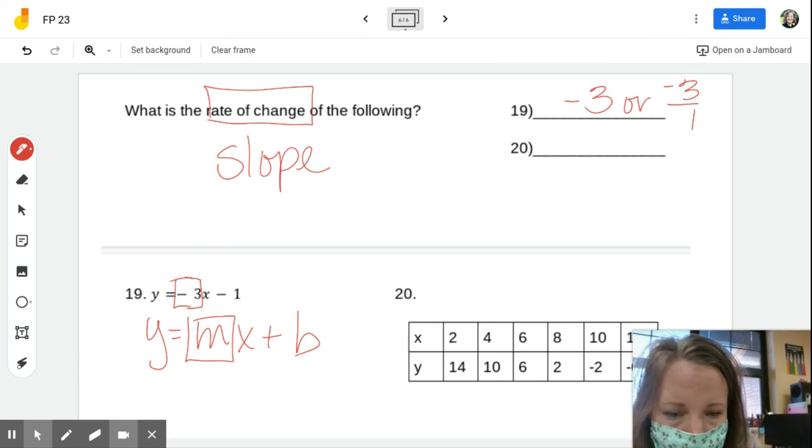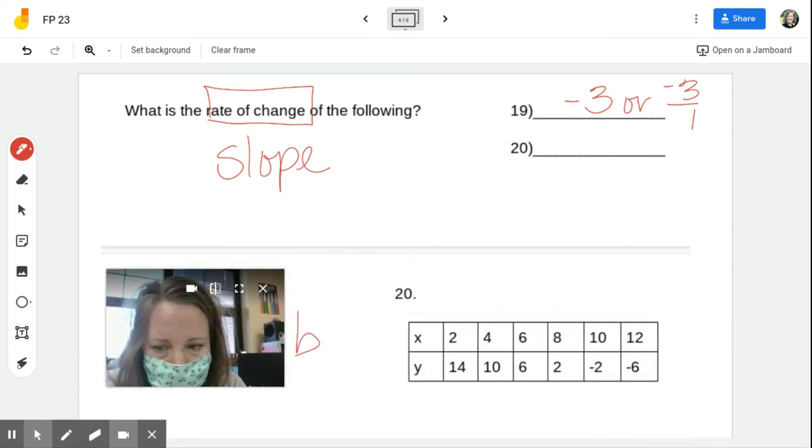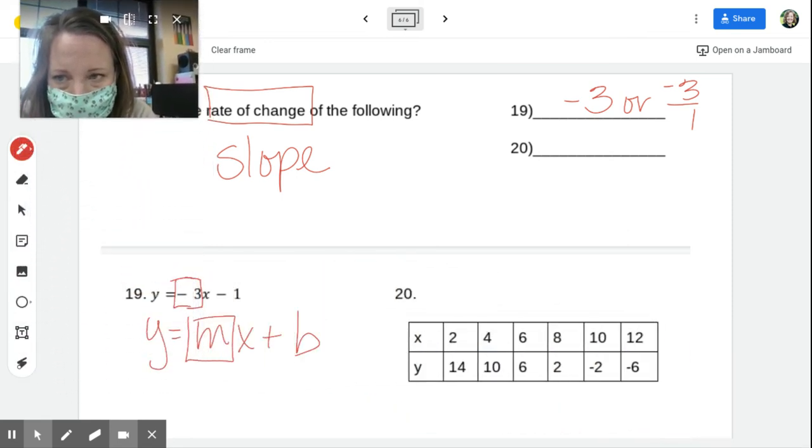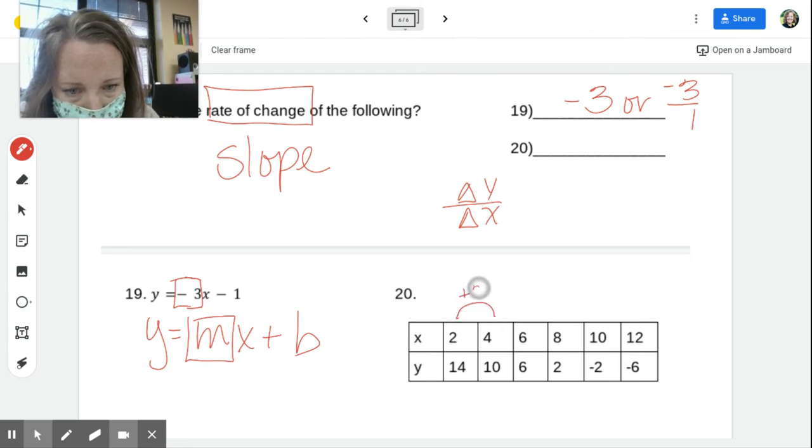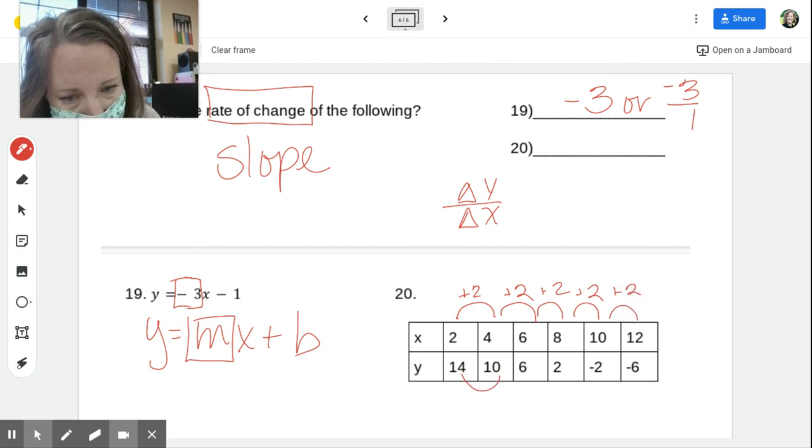Now, the slope here is a little harder to find. That's the rate of change. But all we have to do is find the change in y and put it over the change in x. So from 2 to 4, we add 2. 4 to 6, add 2. Add 2, add 2. It's constant. So the constant rate of change tells me this is linear.